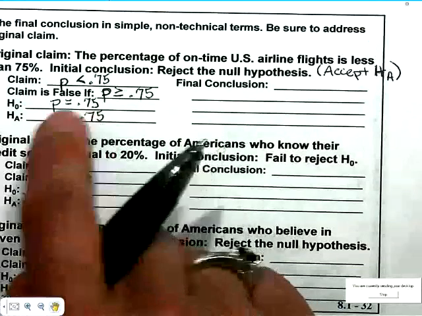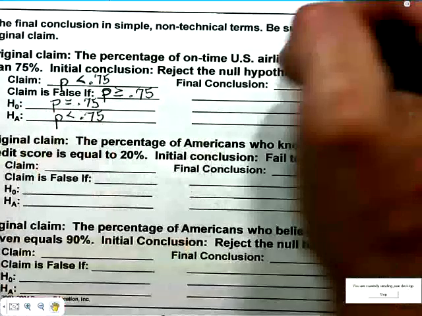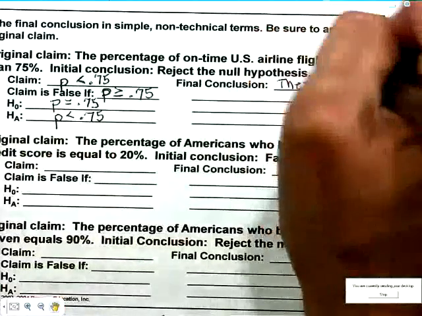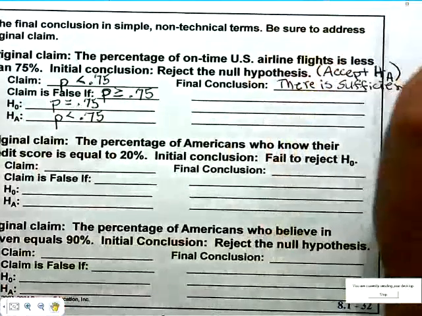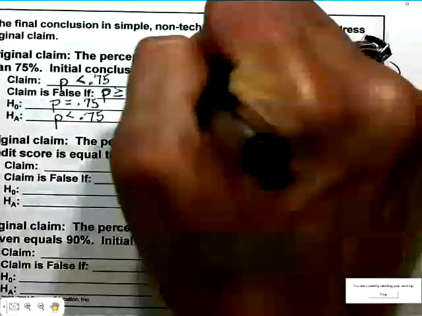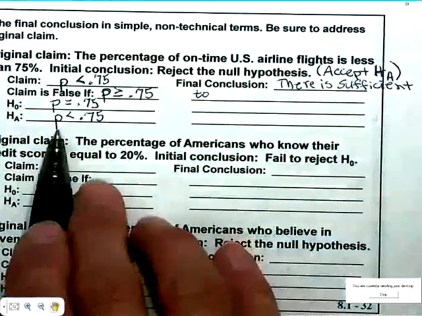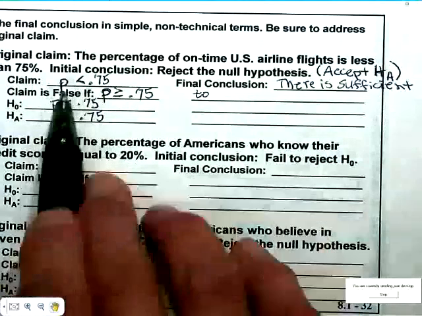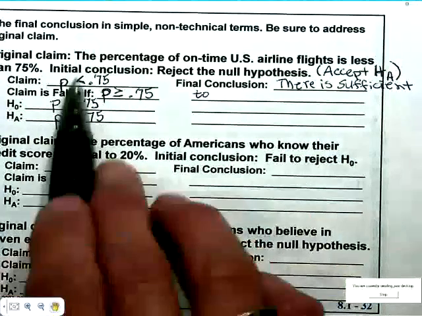But now that I know the truth or what we've proven, I can say there is enough evidence, or there is sufficient evidence to support the claim, because the alternative hypothesis in this case was the claim. So if we accept the alternative hypothesis, we're also accepting the claim.